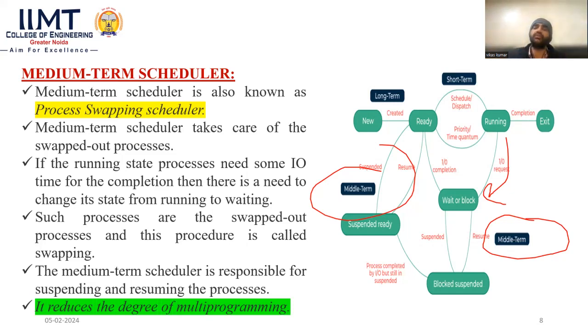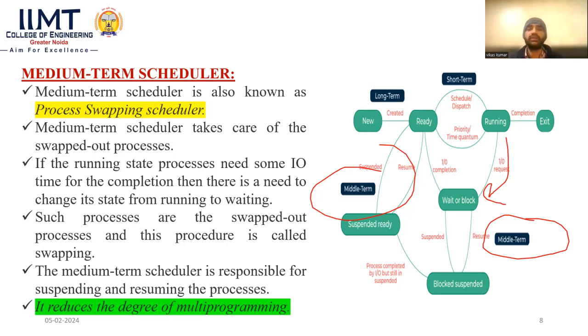Due to that reason, we call this the process swapping scheduler. The medium term scheduler takes care of the swapped out process. It is responsible for swapping out the process and carrying the process from running to waiting, waiting to suspended waiting, and ready to suspended ready. This task is done by the medium term scheduler.